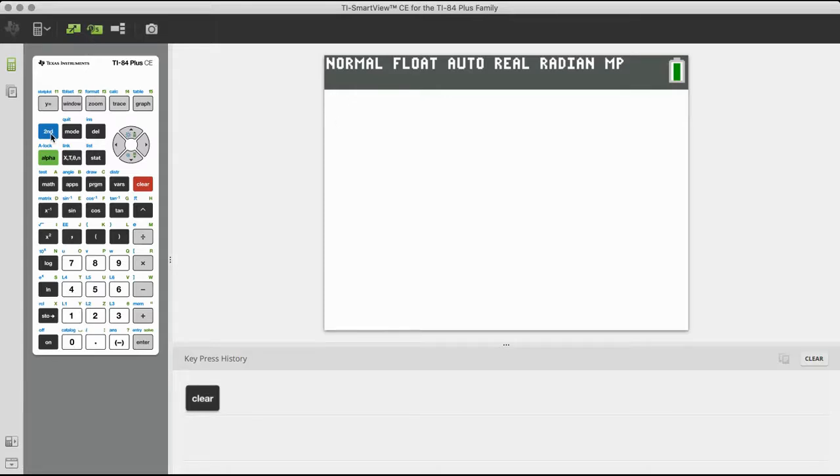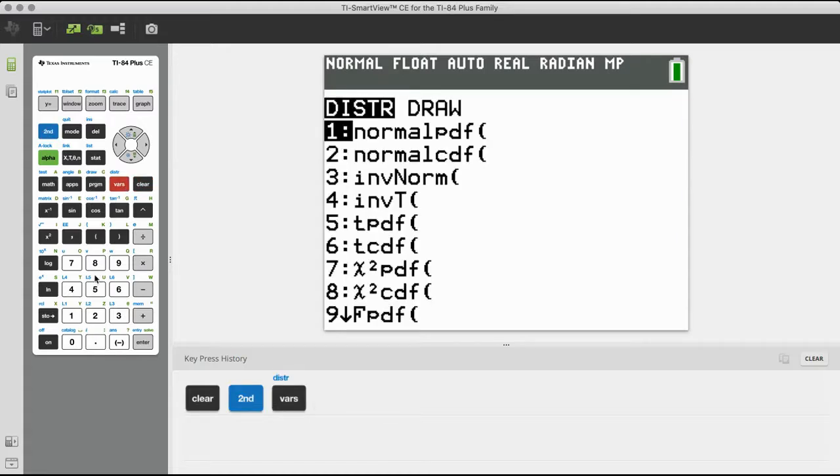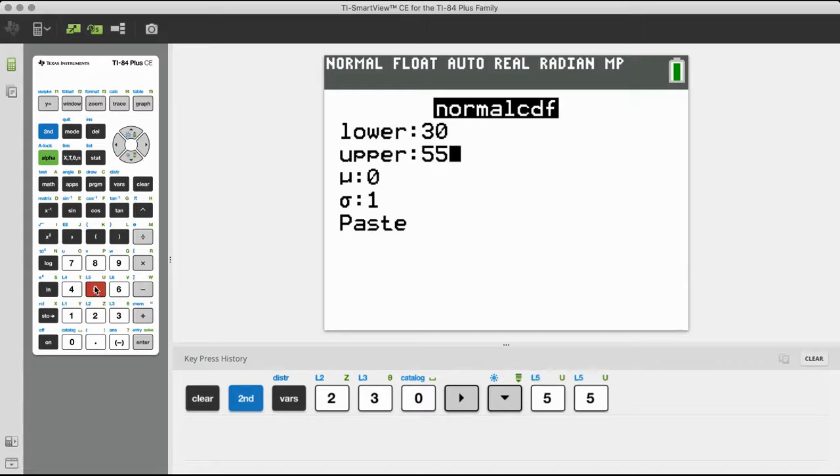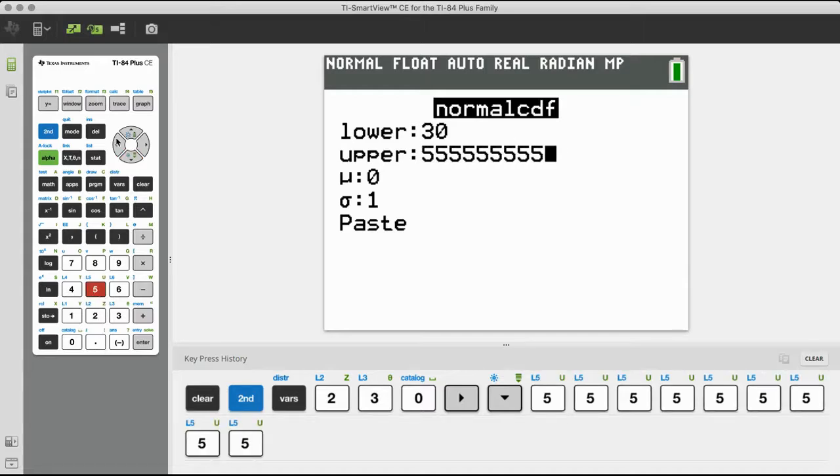So if I do second vars normal CDF, right, and I want the probability to be greater than 30, that means my lower limit is going to be 30. The upper is going to be a very, very large number. But in this case, I'm not going to standardize it.